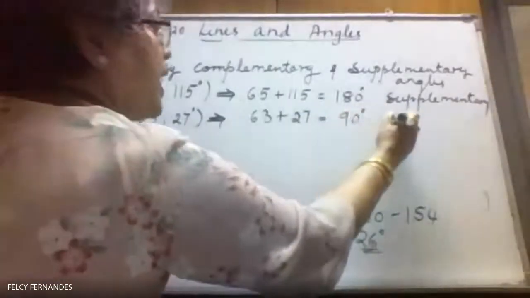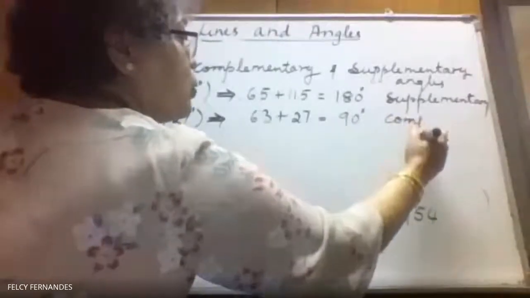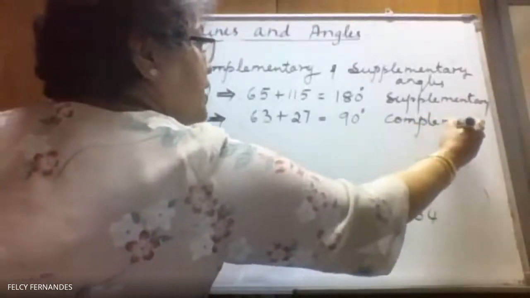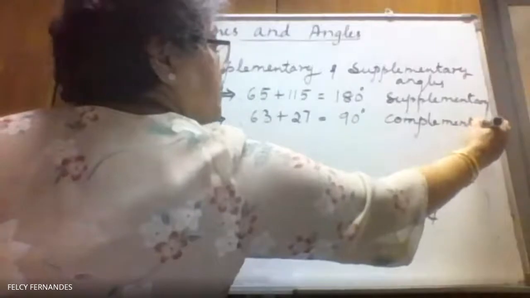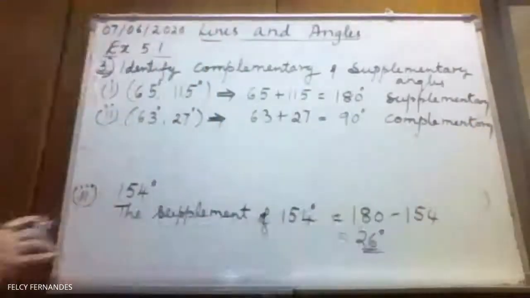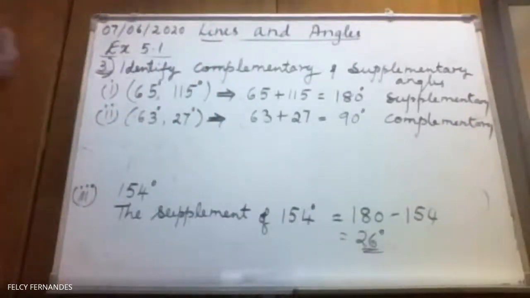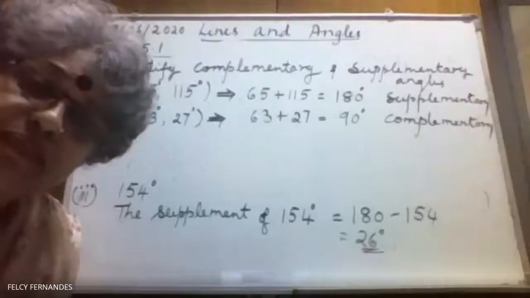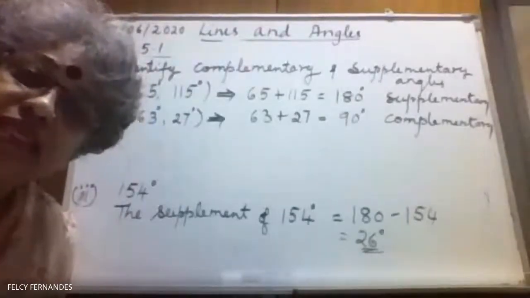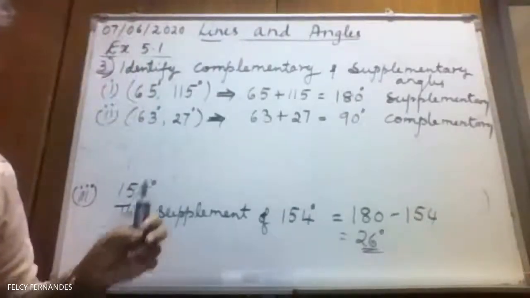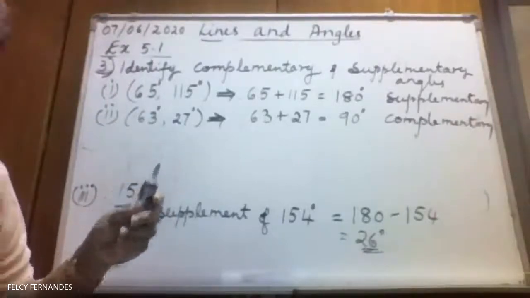Then you should write complementary. So if you get the sum as 180, then you write supplementary. And if you get the sum as 90, then you write it as complementary.